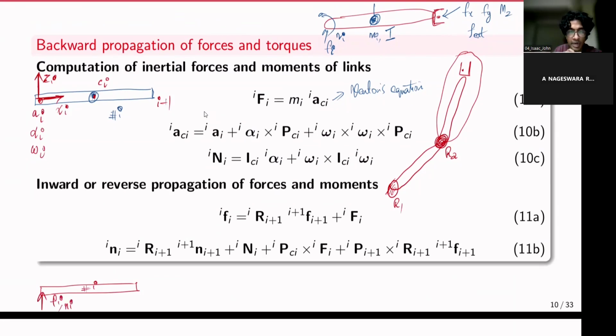The reaction forces at the i plus 1 point are Fi plus 1 and Ni plus 1. And then you also have the inertial forces Fi and the inertial moments Ni.